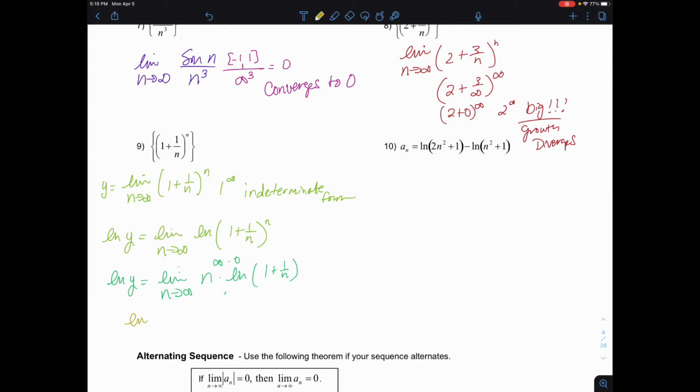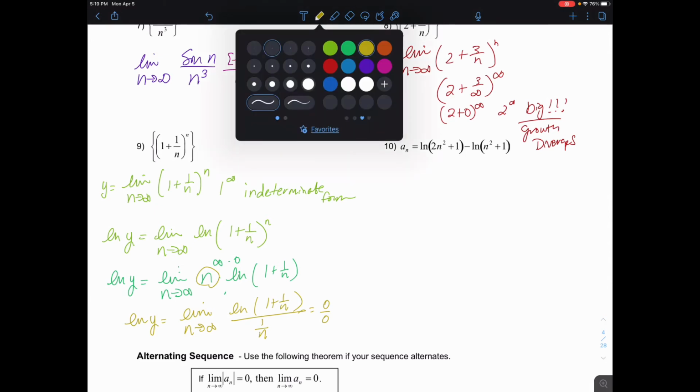So we're going to have ln of y is equal to the limit as n goes to infinity of ln of 1 plus 1 over n, all over 1 over n. So that's what I did with that n. I brought it down and made it 1 over n. Now we have 0 over 0 and we can use L'Hopital's rule. So let's go ahead and use L'Hopital's rule.